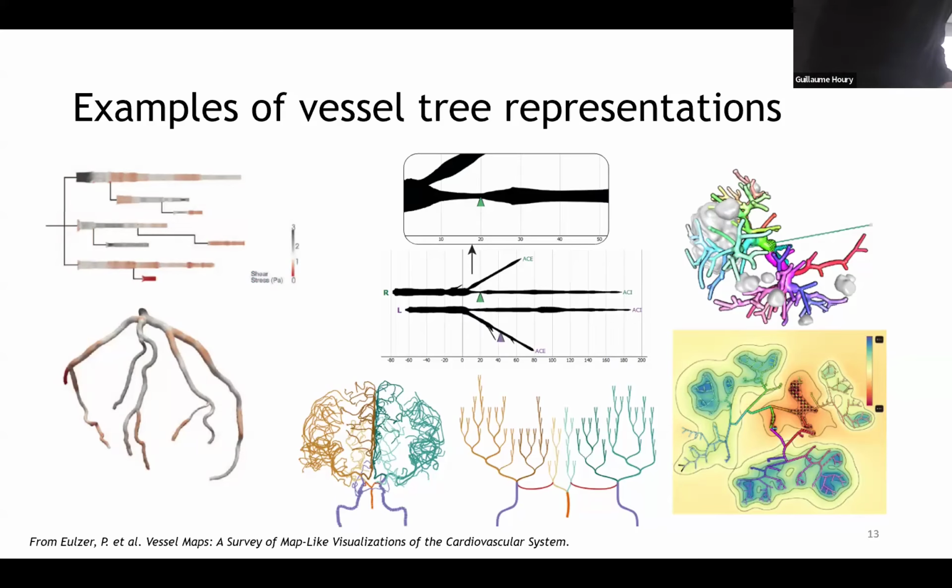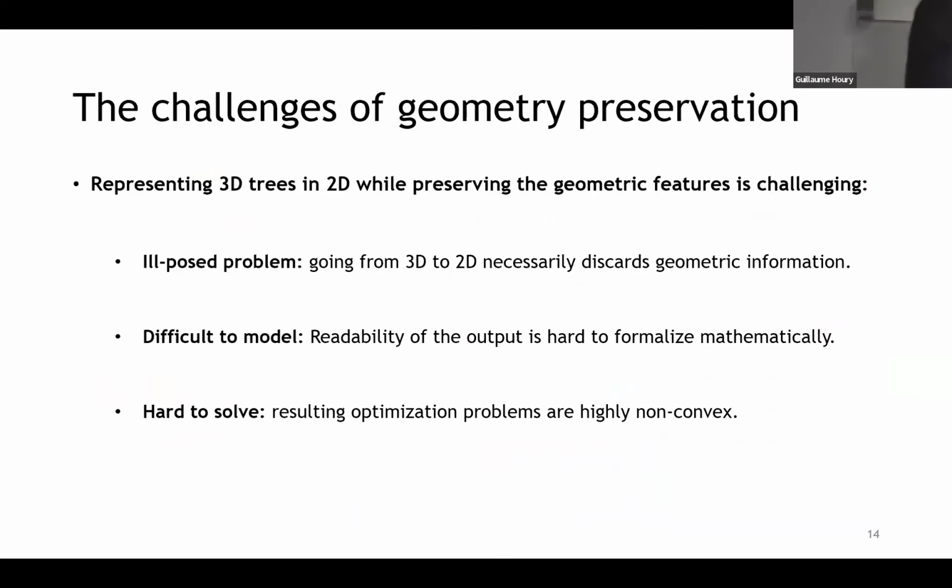And probably one of the reasons for that is that it's actually a quite challenging and ill-posed problem. First, because of course, since we are reducing the dimension, we are ultimately losing geometric information. So we have to make a compromise to define which kind of information we really want to keep and what other, let's say, part of the vascular system we are ready to approximate more, which requires some effort in the explicitation, the modelization of the problem.